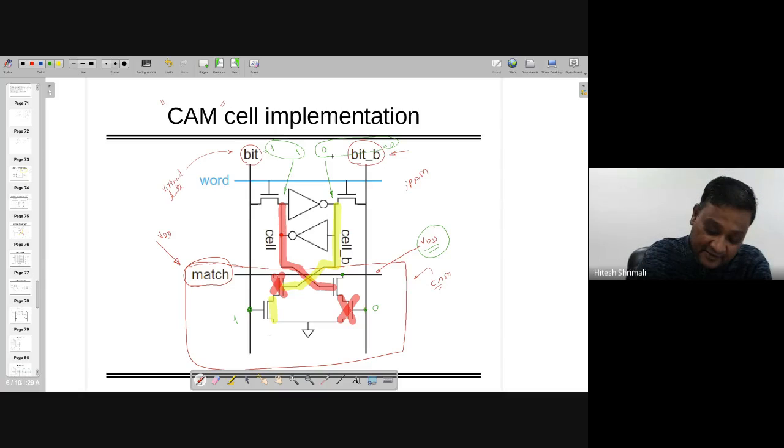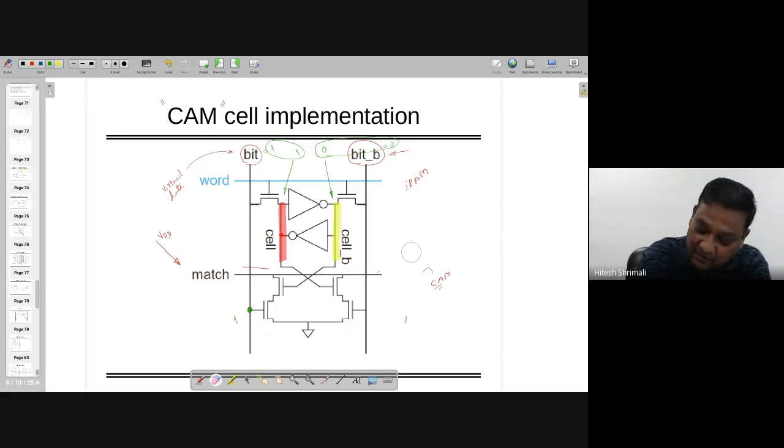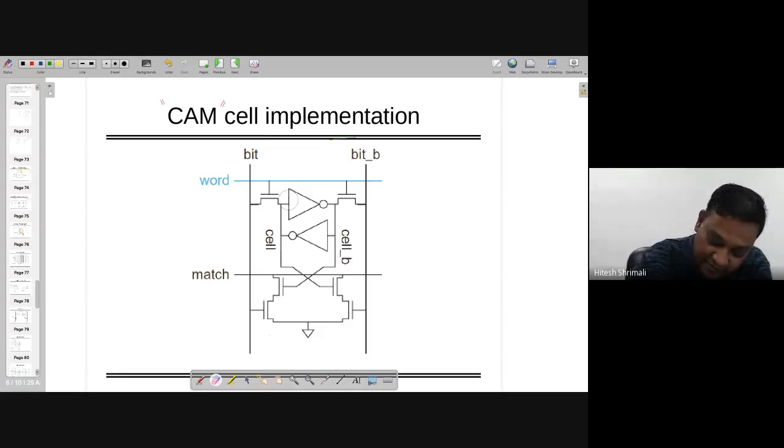Let's take another example where it might not match, or certain possibilities where different outputs will be there. So now let's assume that the data is available over here as 0 and 1. So this is 0 and this is 1, right?